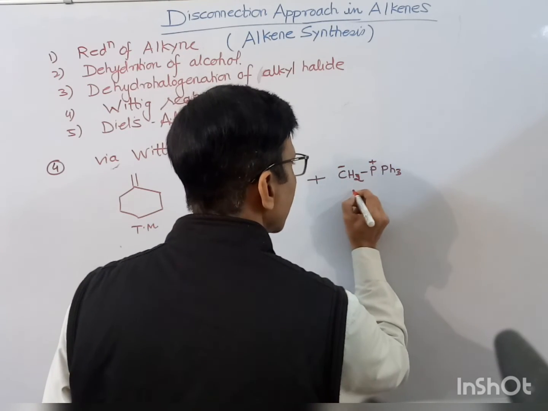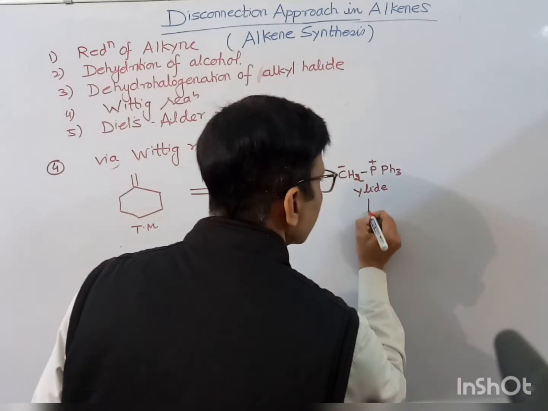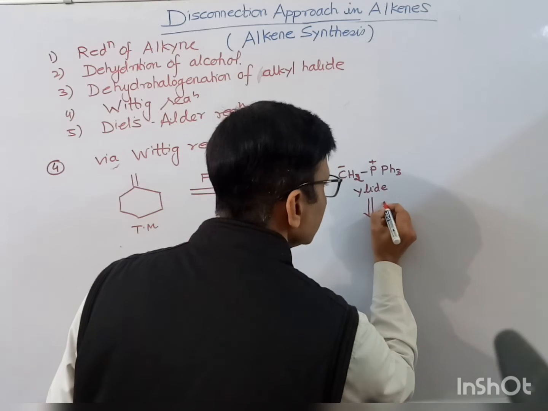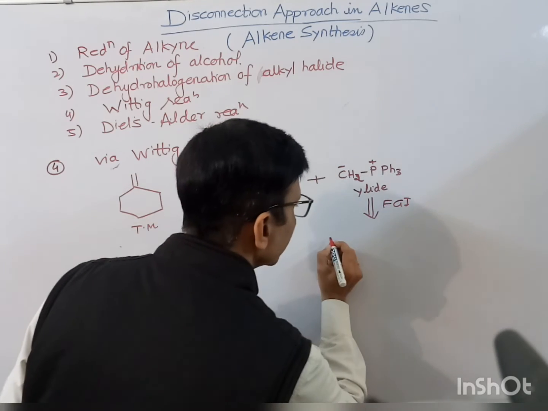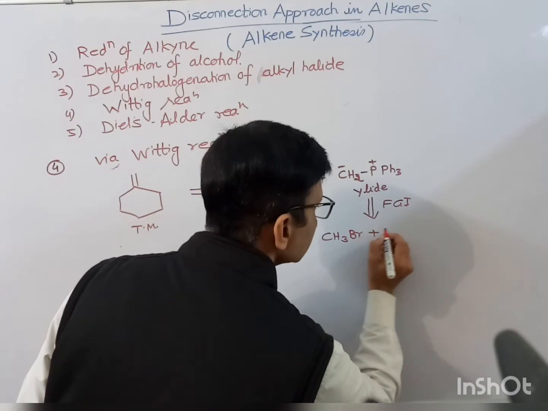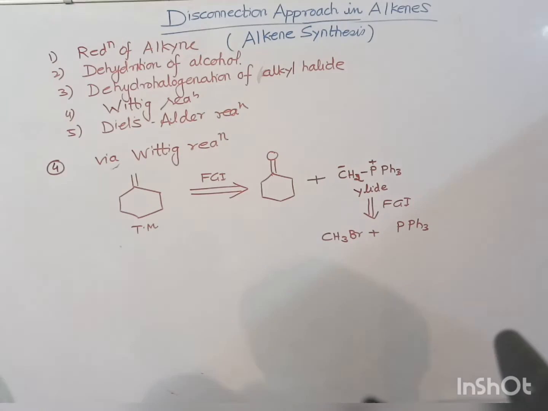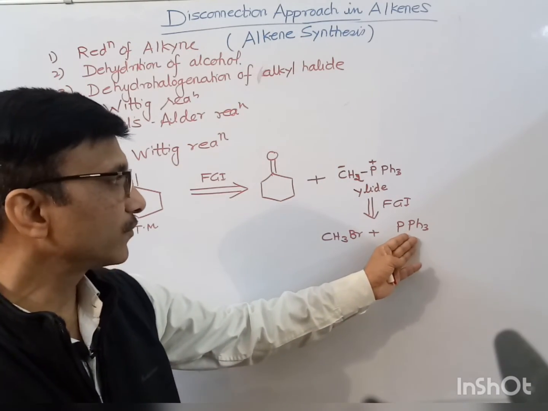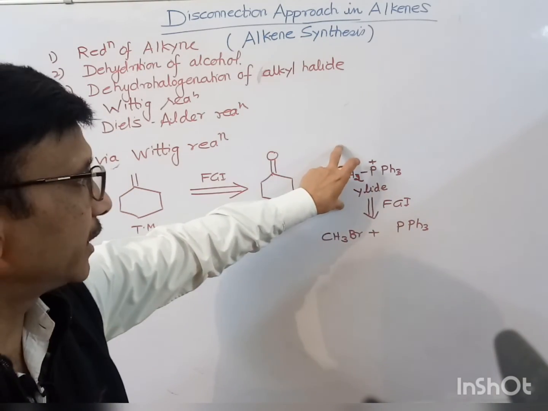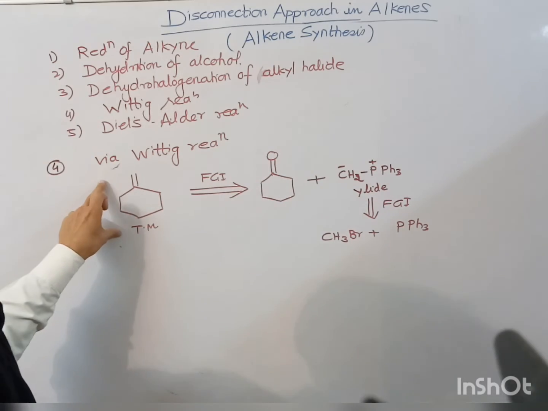This is called the ylide. And this ylide, if we do the FGI again, can be obtained from methyl bromide plus triphenylphosphine. So methyl bromide plus triphenylphosphine will give you the ylide. The ylide, after reacting with cyclohexanone, can give you this target molecule.